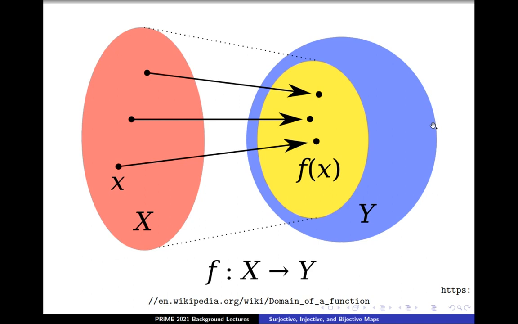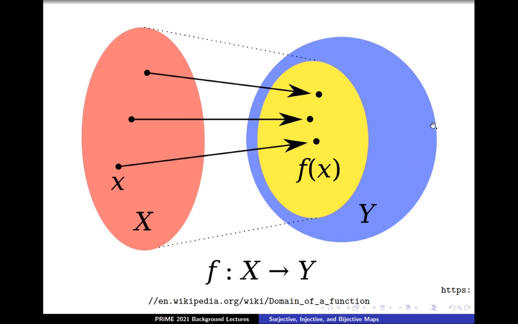Here is a diagram illustrating the definition so far. Notice on the left-hand side, there is a red oval marked capital X. This is the domain of the function f. On the right-hand side of the diagram, there is a blue oval marked by capital Y. This is the codomain of the function f.